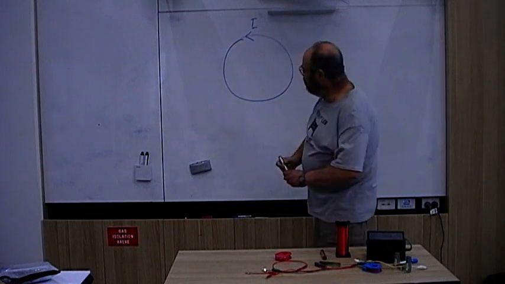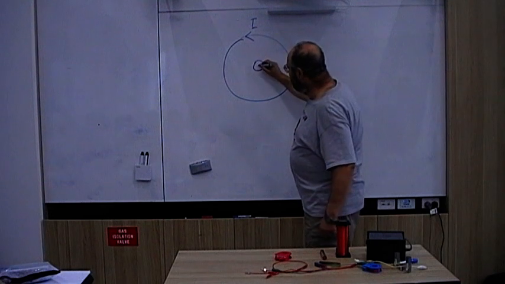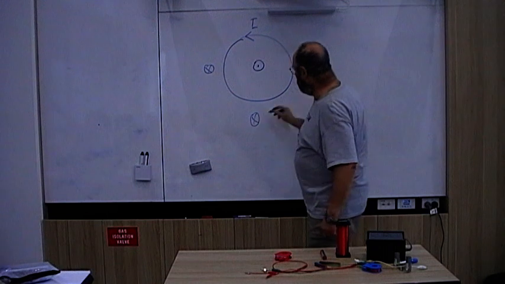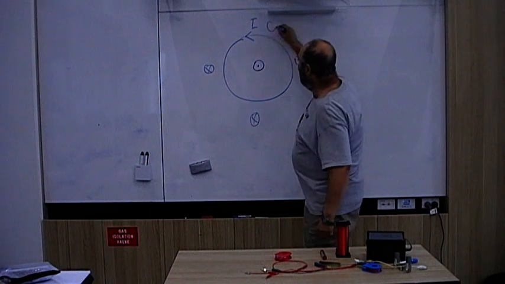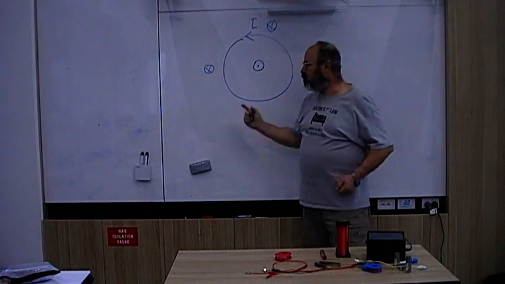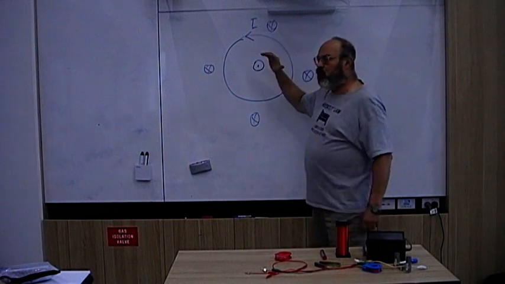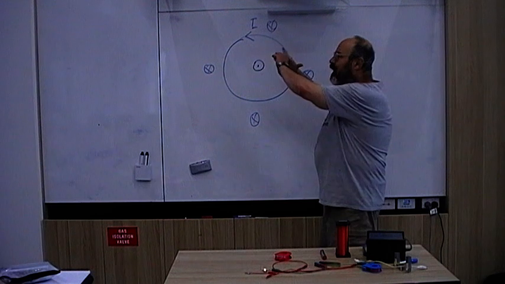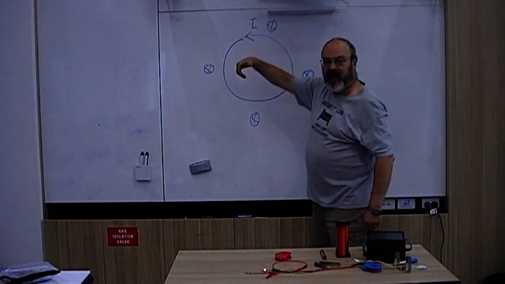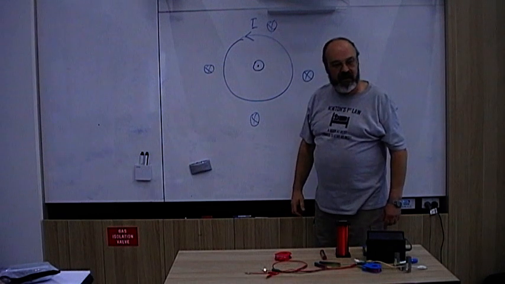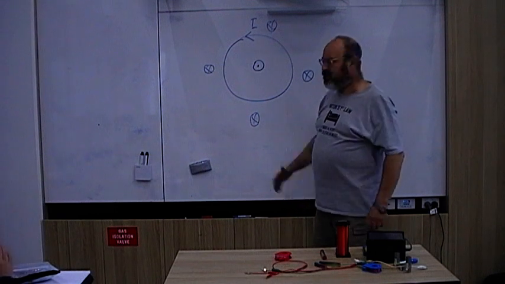Out of the page. And if it's out of the page inside, everywhere outside it will be into the page, because it needs to go around and close. So this way you just move your fingers as the current going around, and the thumb gives you the direction of the magnetic field. I think it is much easier doing it like this.